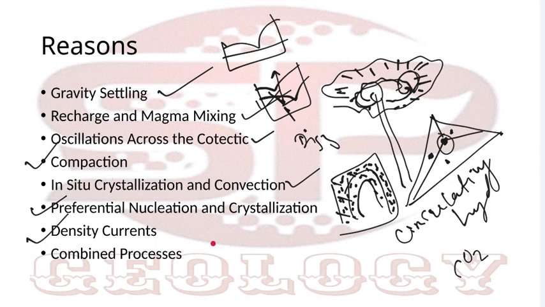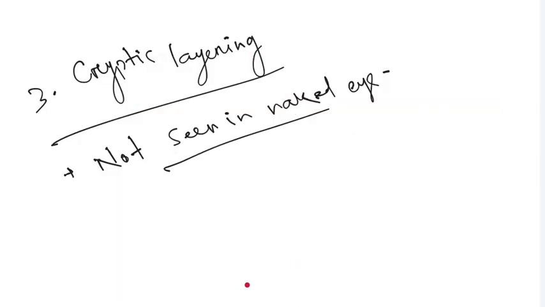Apart from that, density currents. I'm telling you, if there is a magma, after the intrusion and emplacement, the magmas are emplaced according to density, already stratified.